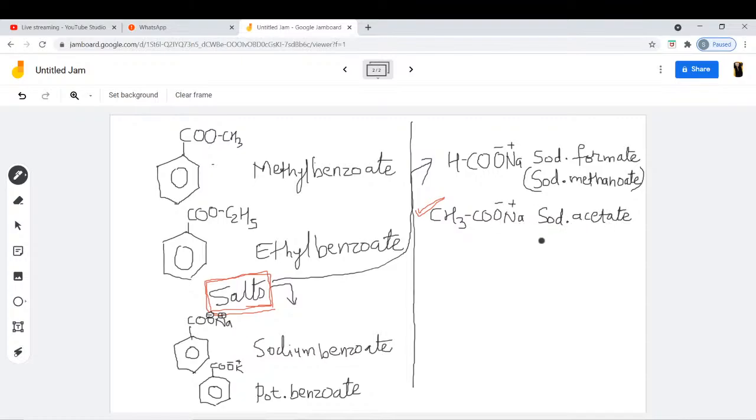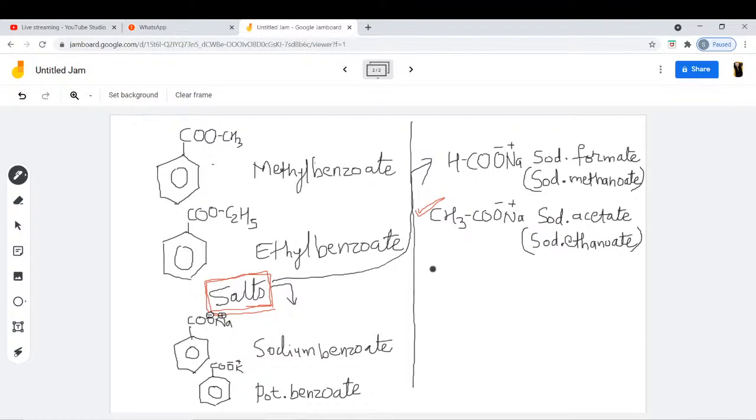Or you can also say sodium ethanoate, because two carbons in IUPAC is called ethanoic acid, so it will be ethanoate.